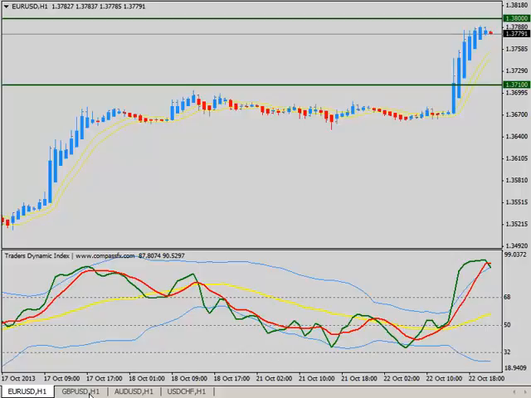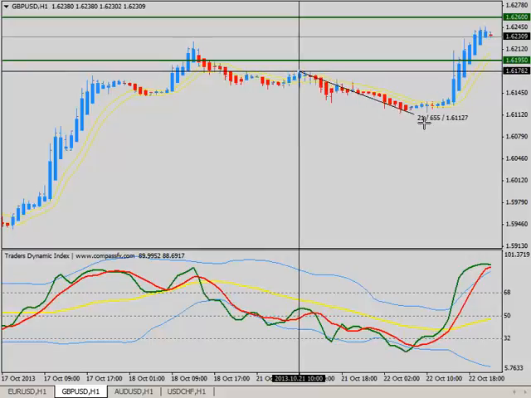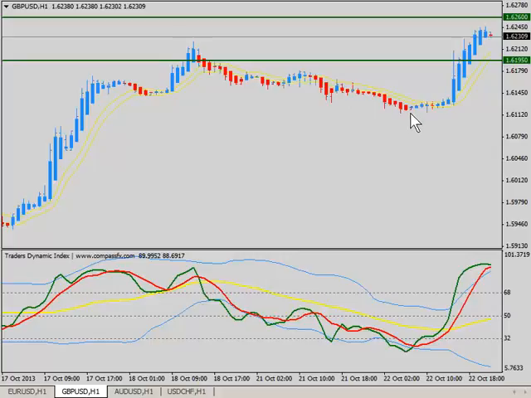Let's take a look at the pound. This was another one that I mentioned. Now the pound did pull back a bit more here in price, but look what happened here. It went beyond the 50 level and came all the way down below the 32 level, way from one side to the other, but yet price pretty well stayed in about a 65 pip range and then proceeded to get tighter.